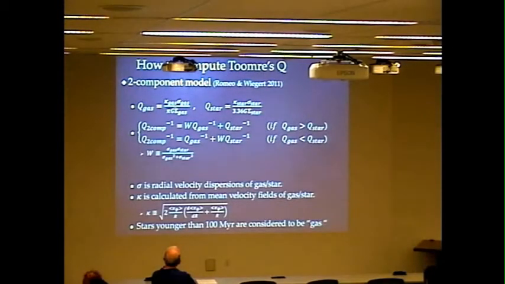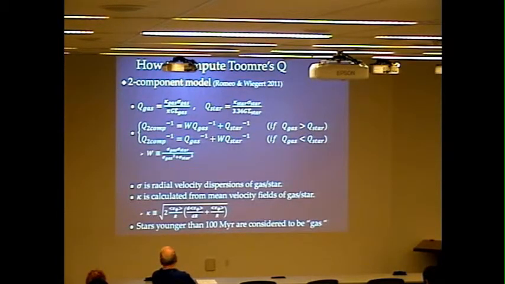Okay, how do I determine Toomre Q in my calculation? I employed the two-component model of Q calculation proposed by Romeo and Wiegert 2011. This method divides the disk into gas and stars. But I consider stars younger than 100 mega-year to be gas, because their kinematic state is similar to gas rather than old stars.